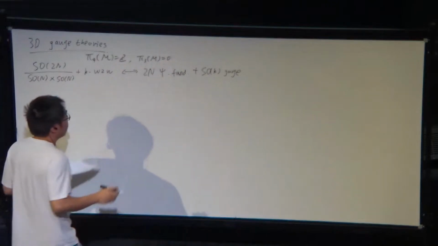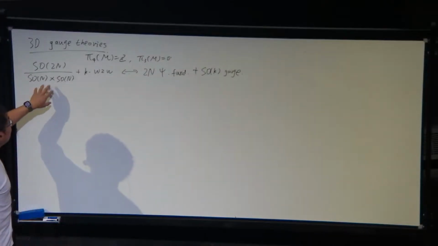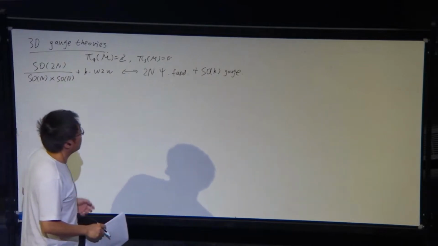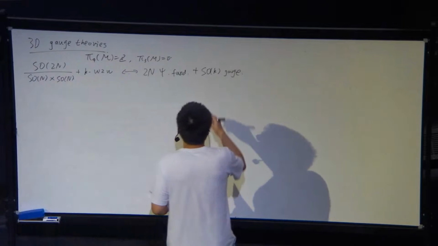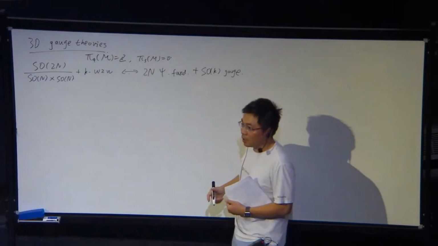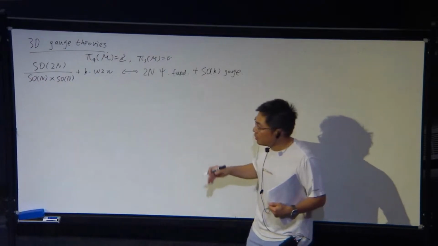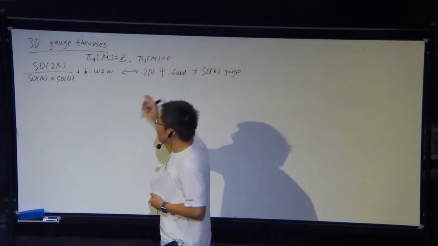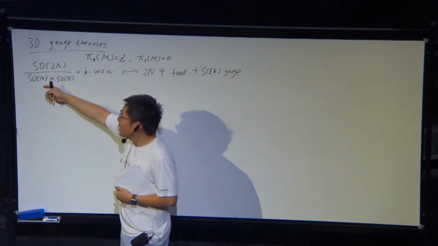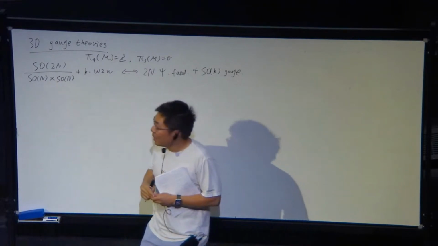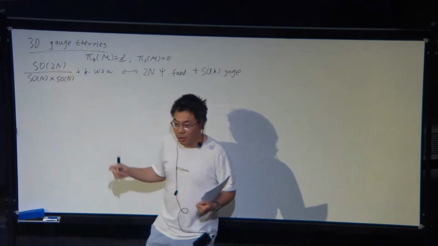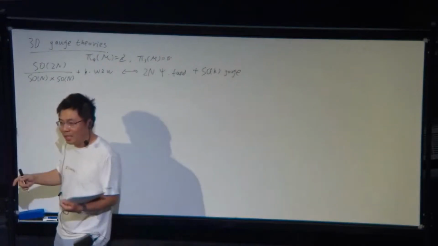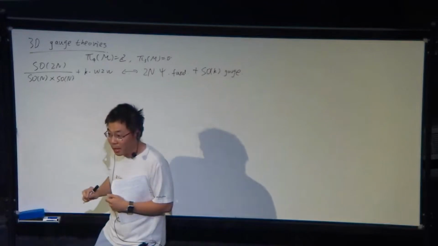And you can say why in 3D you need a Grassmannian instead of a Lie group is from the symmetry. We know that for this gauge theory, the global symmetry is SO2n. There is also maybe a magnetic Z2. If you look at the symmetry of the Grassmannian, it is indeed SO2n. If you play with a Lie group, then you get SO2n times SO2n, which won't give you the correct global symmetry.